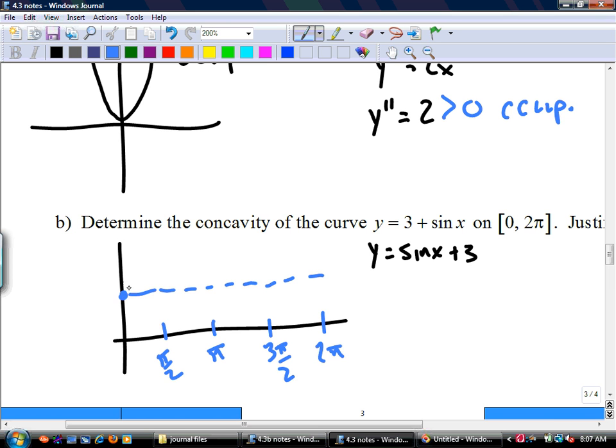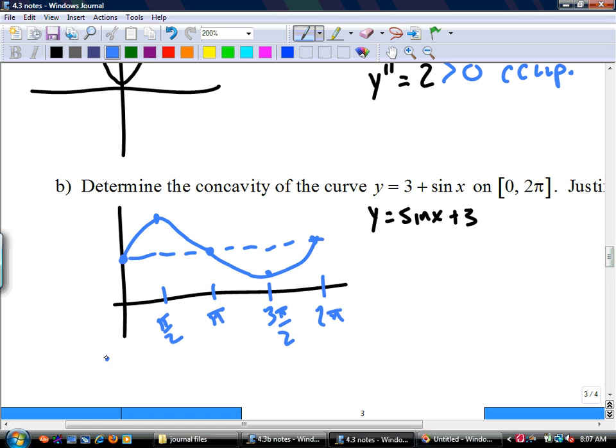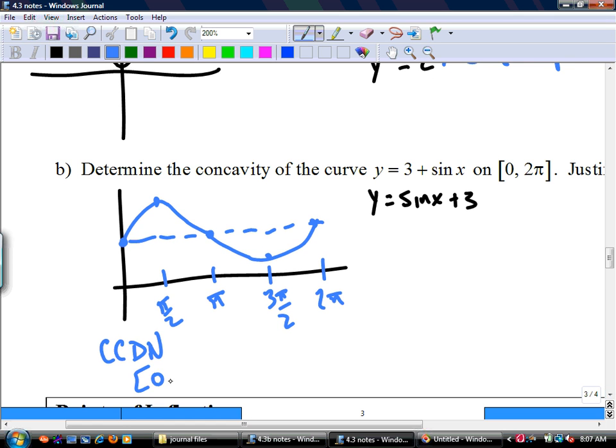Drawing the sine graph. So it's concave down from 0 to pi, and it's concave up from pi to 2 pi.